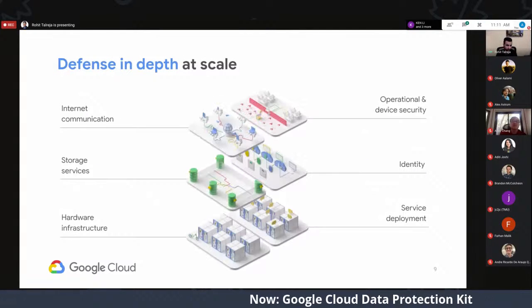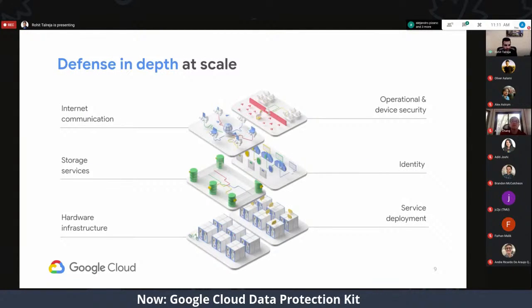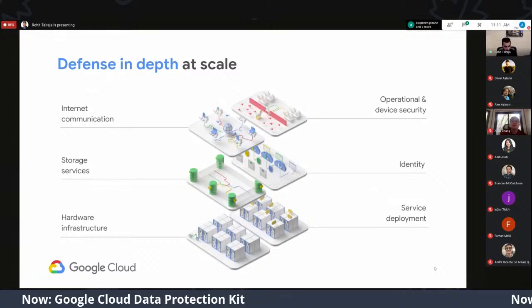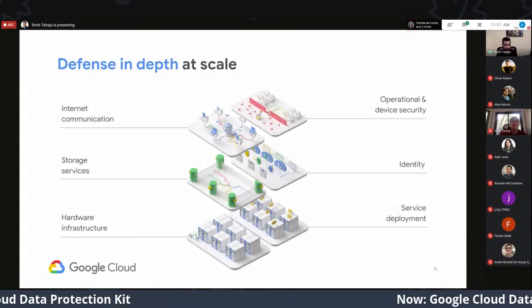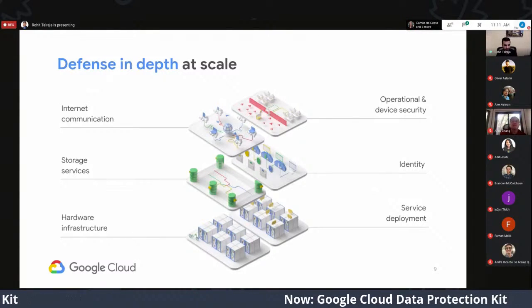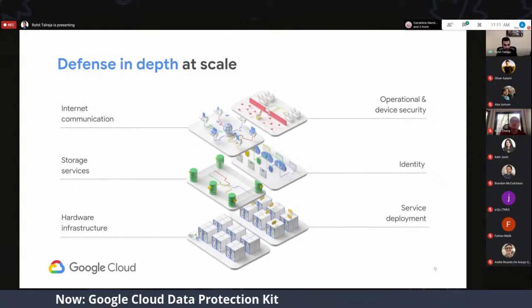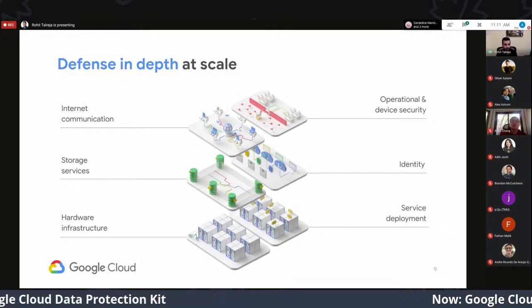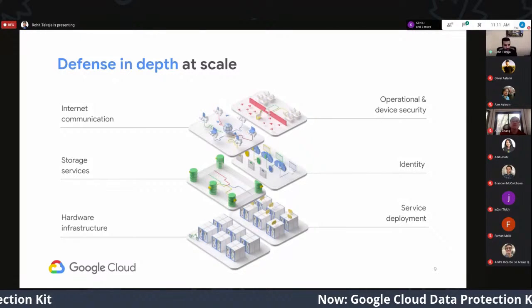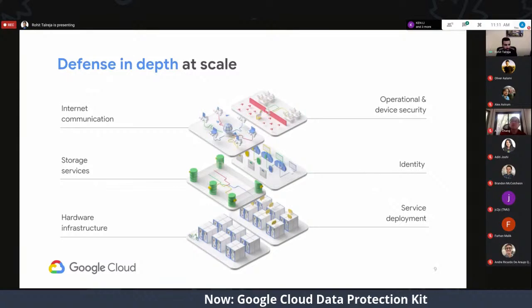So the things that Google has tried to do, especially for healthcare, where there is a need to innovate quickly but also securely, is build in as many capabilities into the underlying platform as possible. And we do this taking a defense in depth approach.